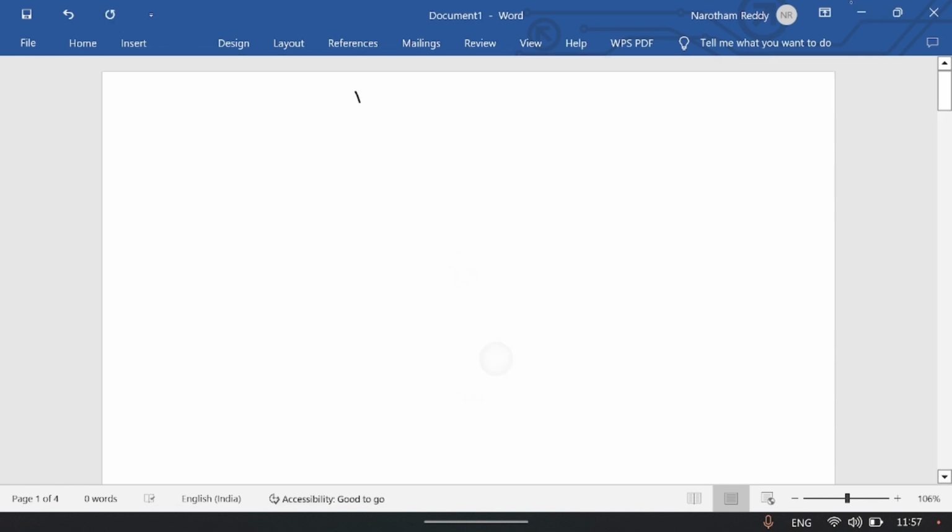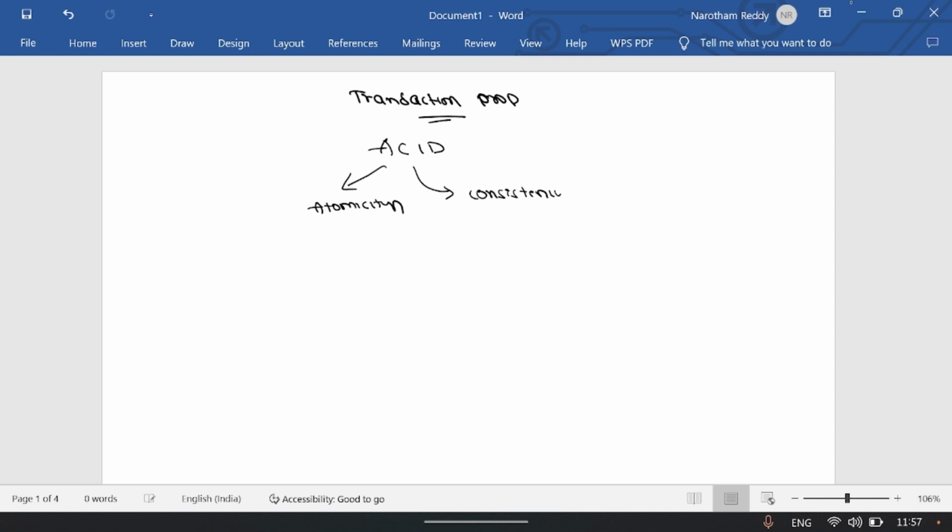Now we'll discuss transaction properties, which are known as ACID, where A is atomicity, C is consistency, I is isolation, and D is durability. Let us go one by one.